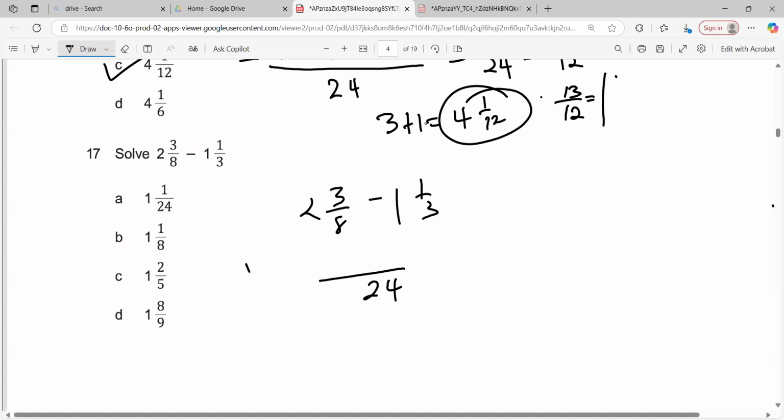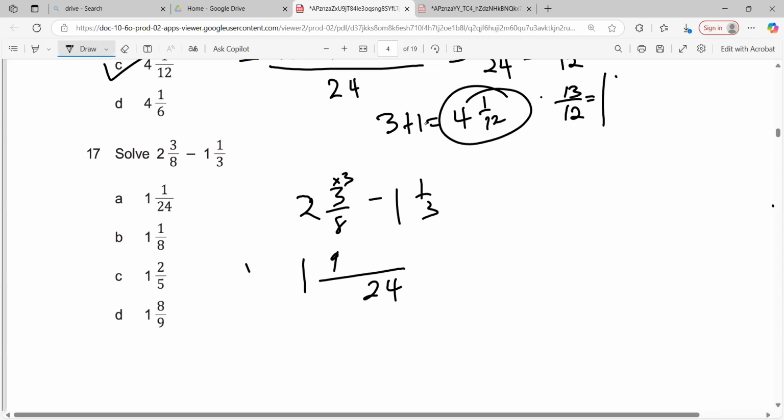I'm going to say 1 from 2 because we just get rid of the whole number. Now, sir, we're going to say 8 into 24 goes 3 times. So we're going to say 3 times 3 equivalent to 9.